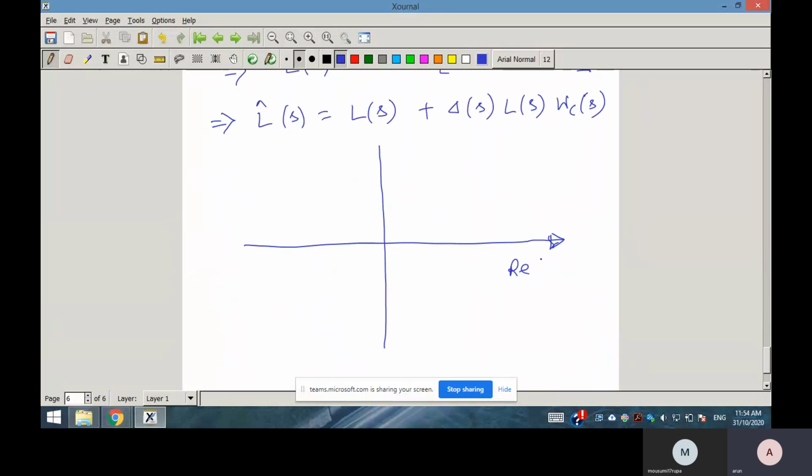This is your real of L j omega, and this is the imaginary of L j omega.